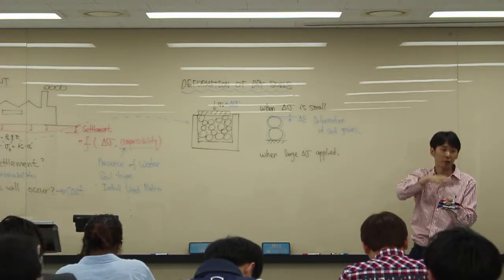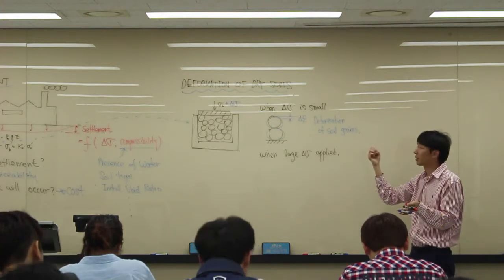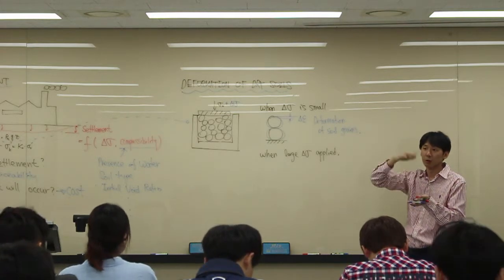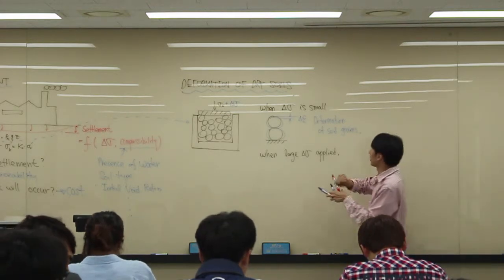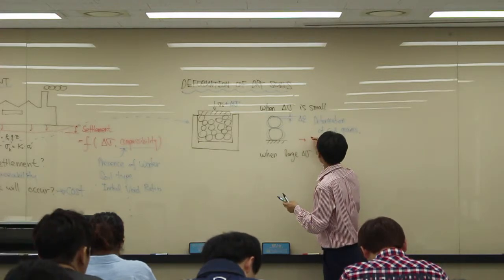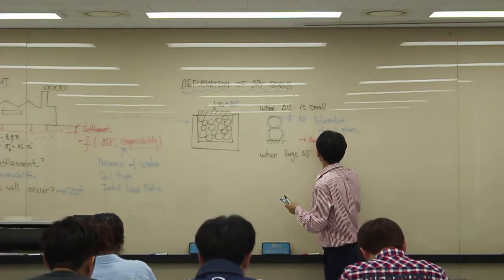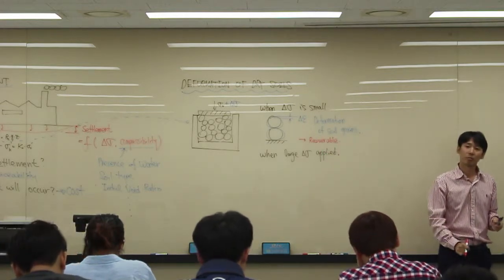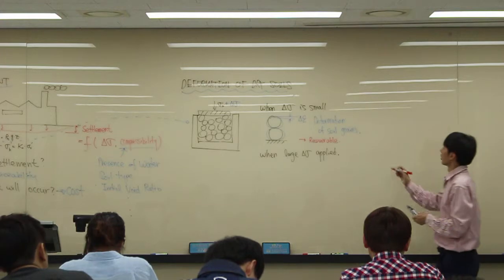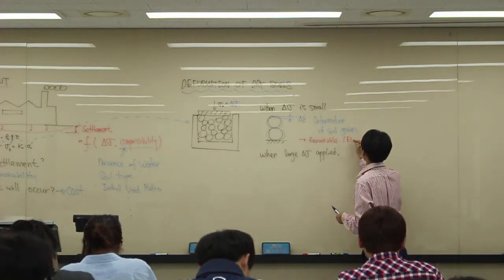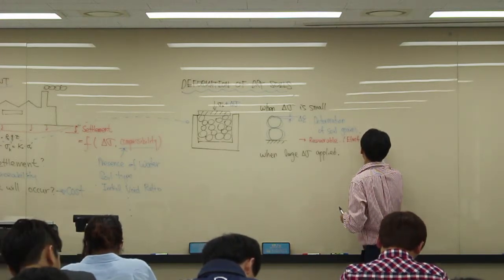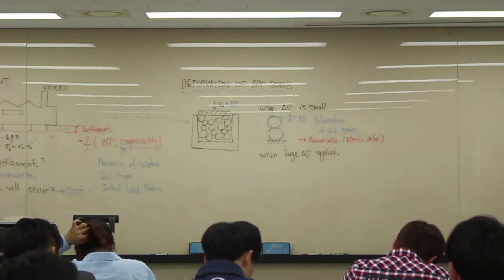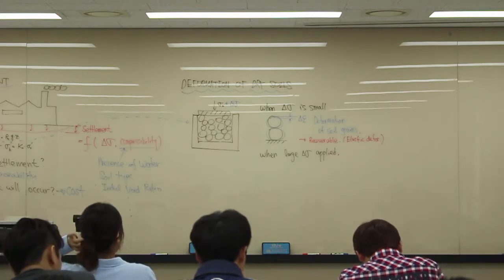So when you remove this delta sigma, what will happen? Then it's going to go back. Right? So this deformation is recoverable. So we can say that it's elastic deformation. Then we can go back to the original position.